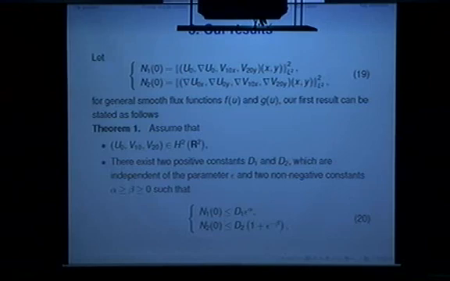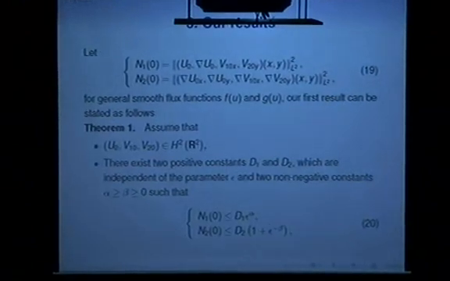In this case, we use two notations. The first, N10, means that the initial perturbation is up to the first order, and N02 is the L2 norm of the second order derivative of the initial perturbation.